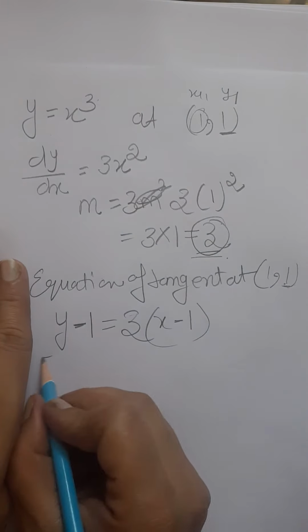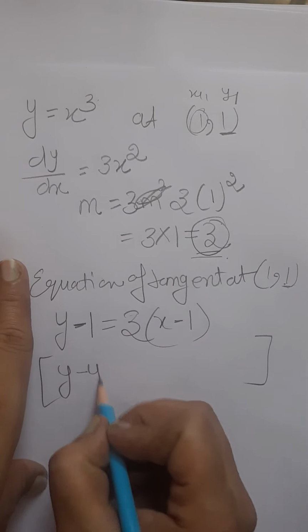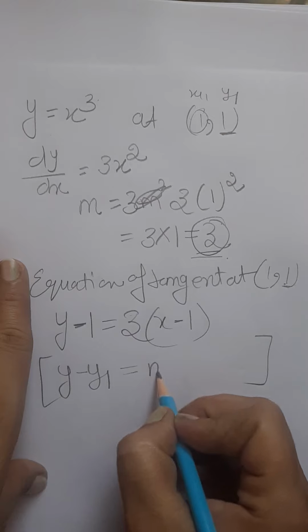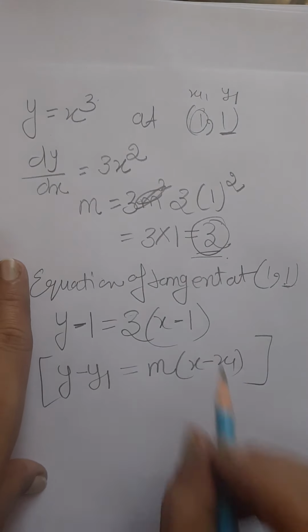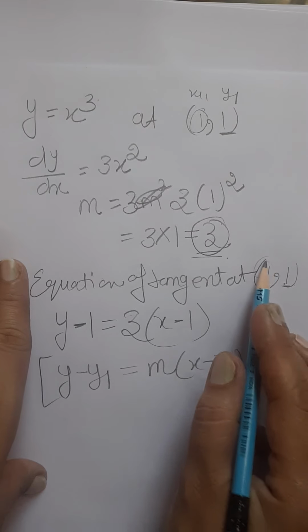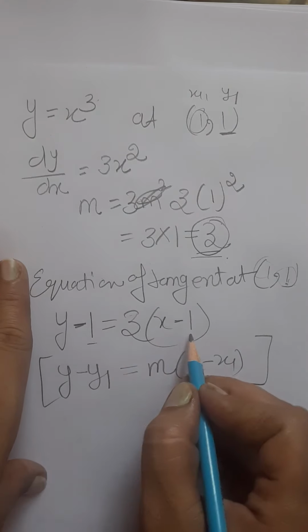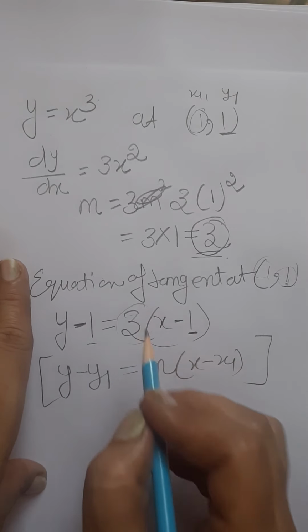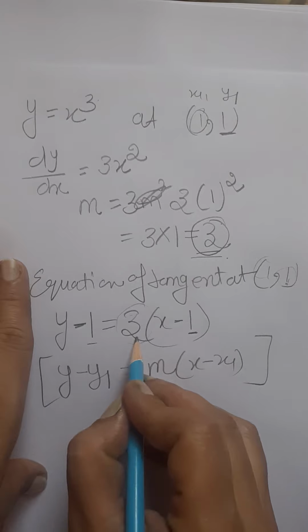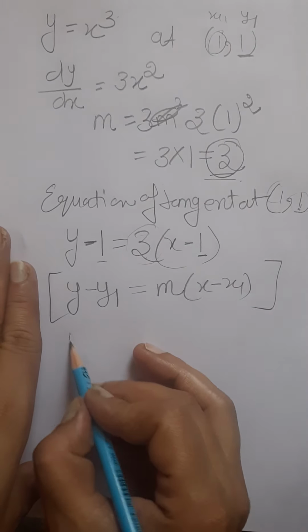I repeat: the equation of the tangent is y minus y1 is equal to m times x minus x1, and this point is x1, y1. We write the values in place of y1 and x1, and then we write our value of m, that is 3, and we solve it algebraically.